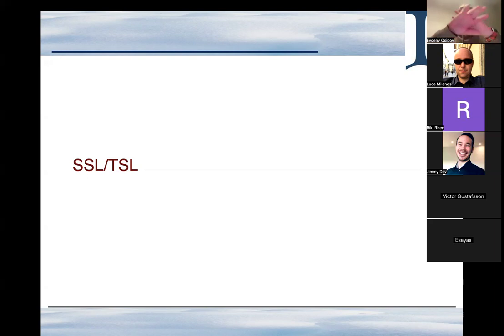Basically, any application doesn't need to know whether the communications are encrypted or not. For them, all the security protection happens seamlessly.